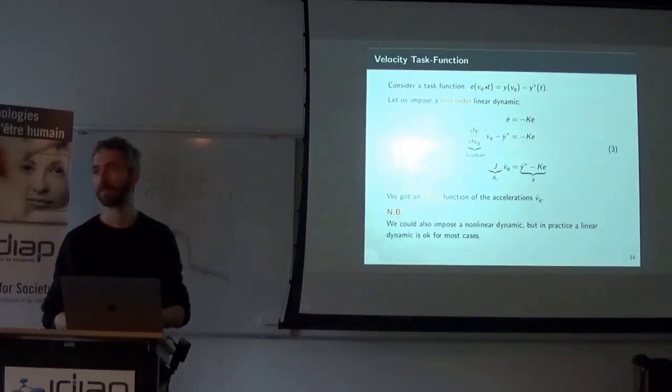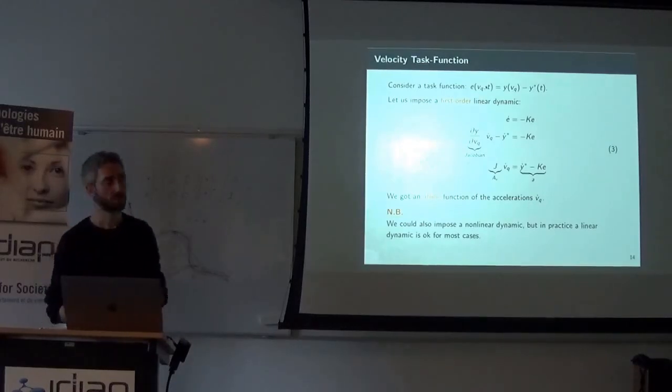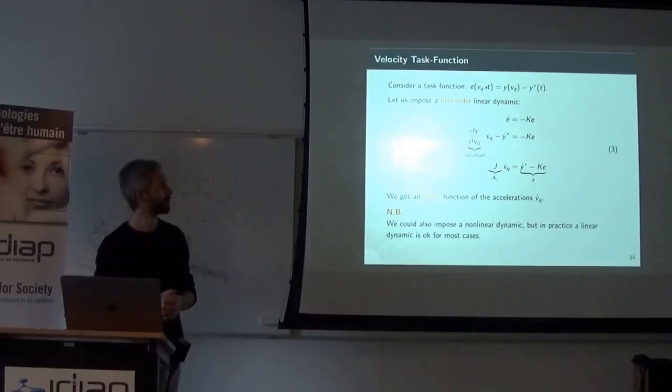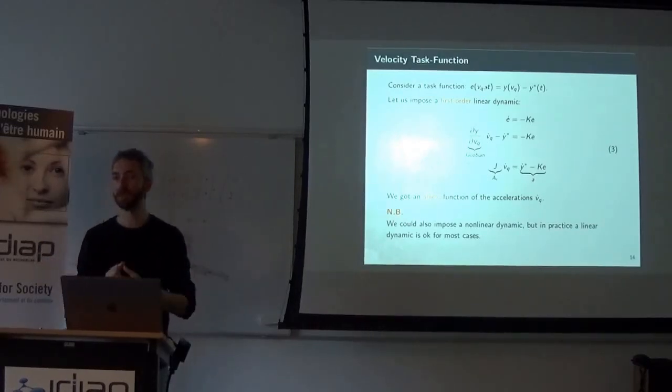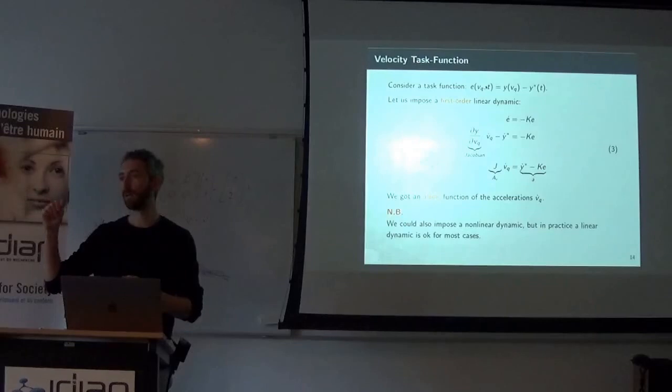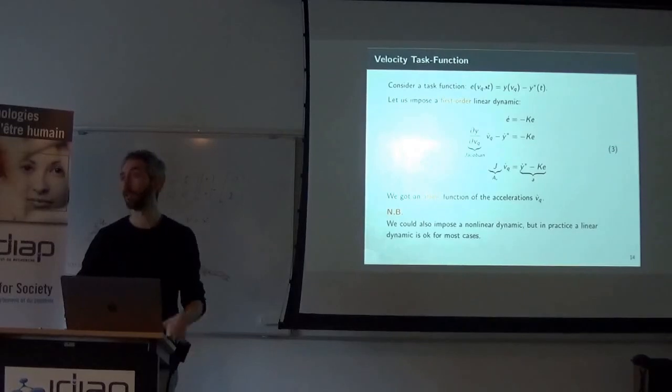What was y again? Y is an output. It's an output function. In practice, as an example, y can be the position of an end effector of the robot, or the position of the center of mass of the robot, or the joint angles of the robot.